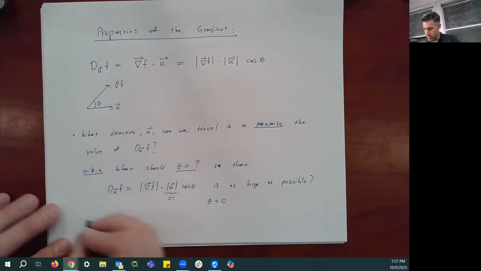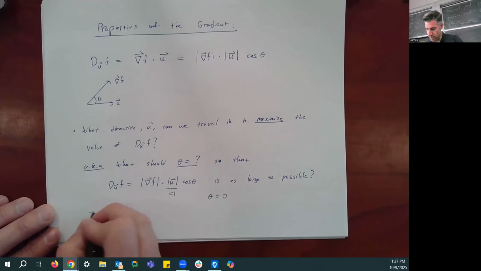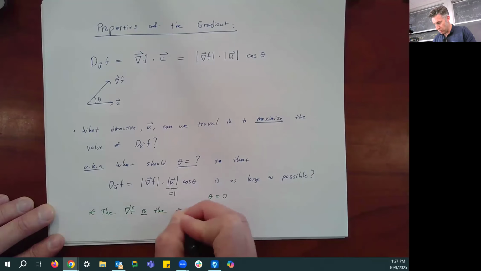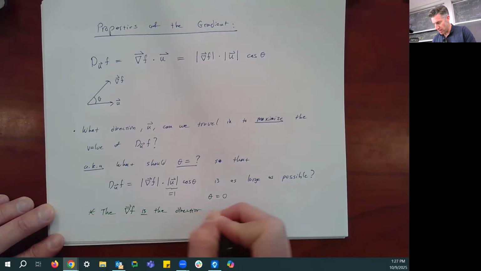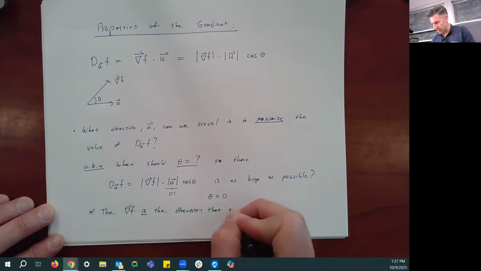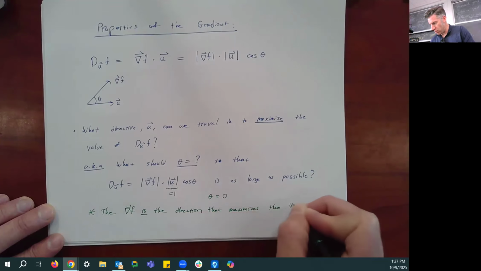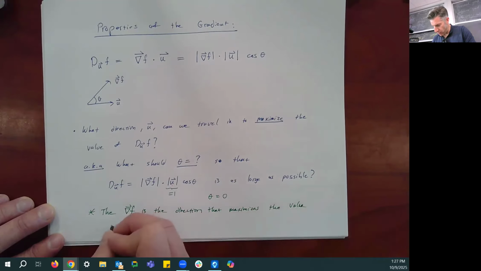So this is kind of a big deal. The direction of the gradient, or the gradient itself, is the direction that maximizes the value of the directional derivative.